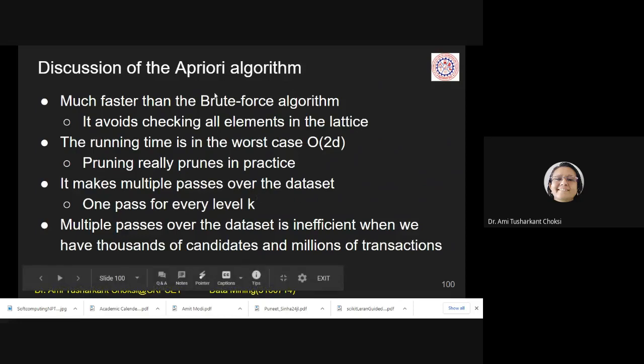Now, this particular algorithm in comparison with the a priori algorithm. What do we say about the a priori algorithm? It is much faster than the brute force algorithm. It avoids checking all elements in the lattice.